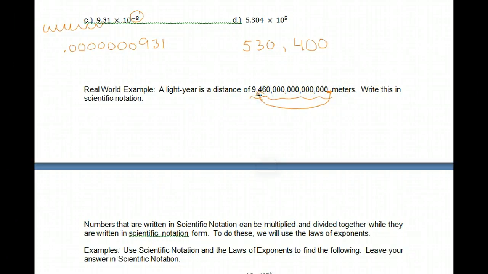Go ahead and take a minute, convert that number into scientific notation. By now you should have converted the light year distance into scientific notation, and you should have had 9.46 times 10 to the 15th power.